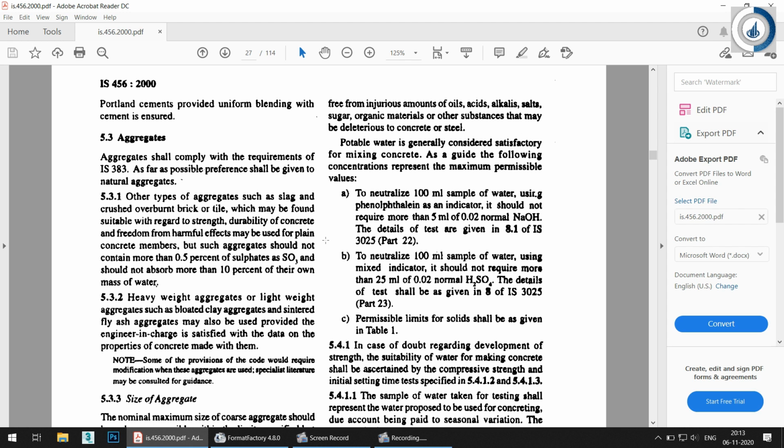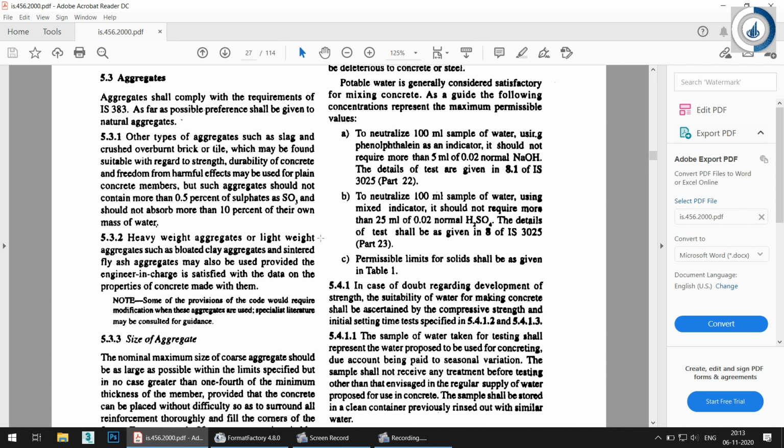Similarly, the second guideline: if you take a 100 ml sample of water to neutralize using mixed indicator, it should not require more than 25 ml of 0.02 normal H2SO4, and this is also given in IS 3025 part 23. And the permissible limits for solids, the solid matter which can be permitted, is given in table number 1, which we will see in some minutes.